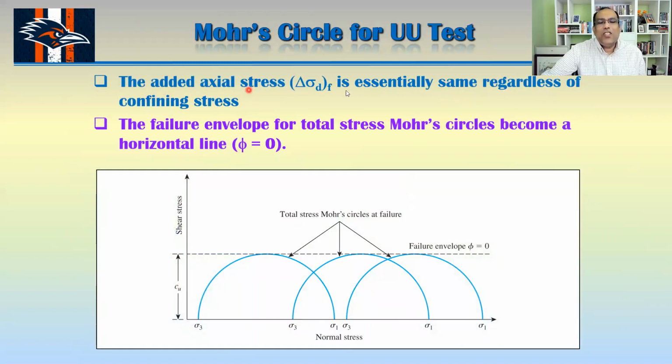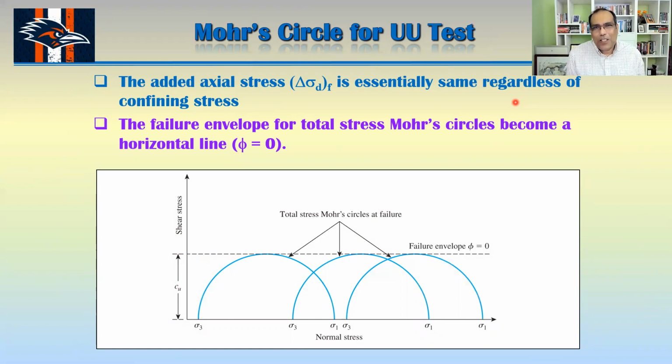The added axial stress, or deviator stress, is essentially the same regardless of the confining stress, because even though you are applying confining stress, all the stress will be taken by water. So basically your effective stress is not changing. If the effective stress doesn't change, then your deviator stress is not changing.